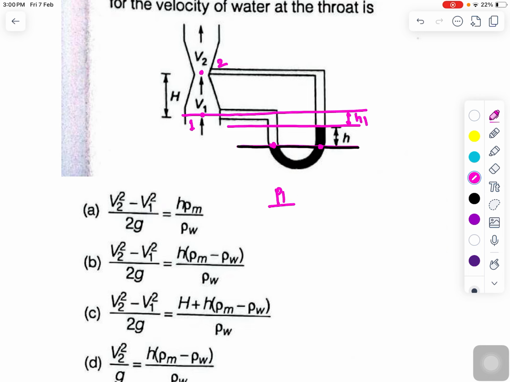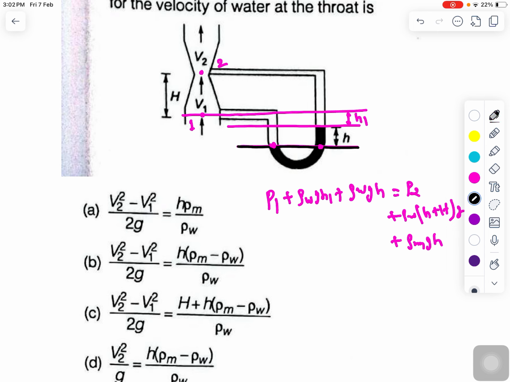So I can say that P1 plus rho W g H1 plus rho W g H, that is equal to P2 plus rho W g H plus capital H into g plus rho M g h.